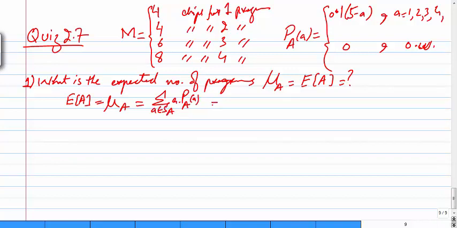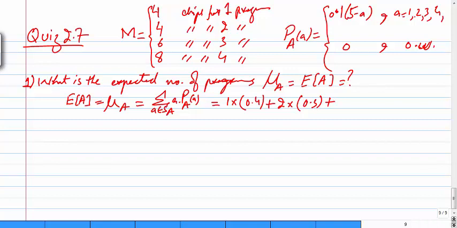Now plug in 1, which gives 0.4. Then put in 2, 2 times 0.3.